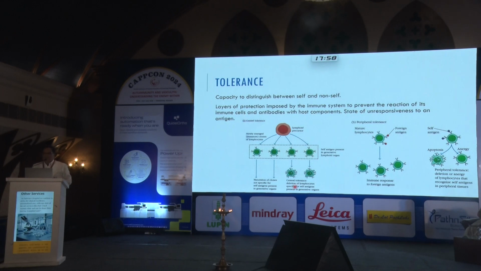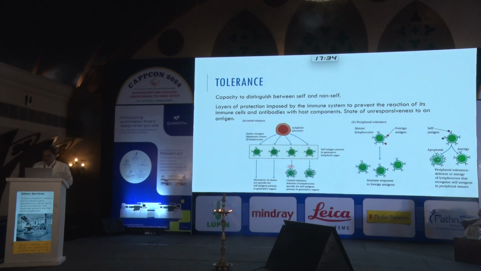More than 90% of the thymocytes will be deleted in this process of central tolerance, and only a few lymphocytes, which are not reacting to the self-antigens and will recognize the non-self antigens, will come to the periphery.